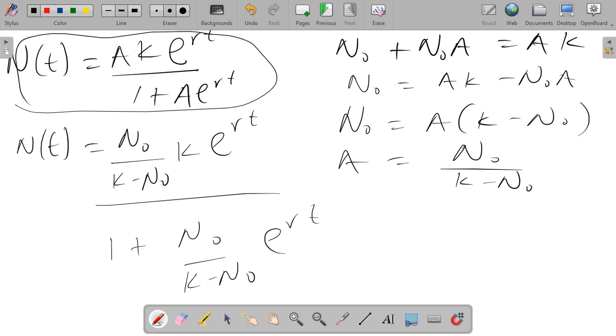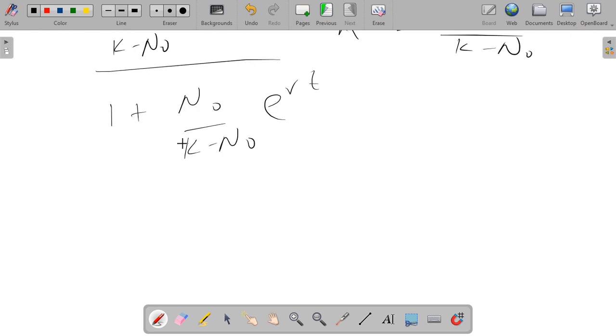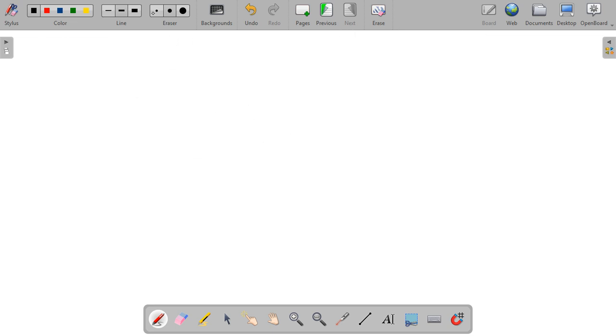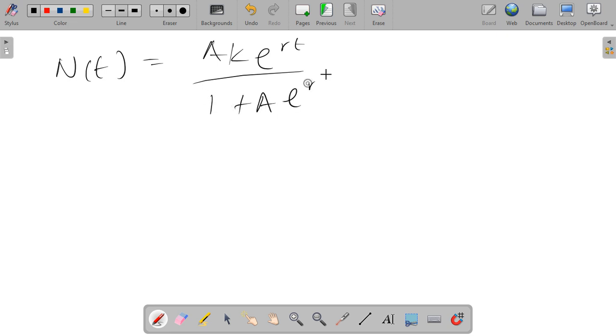Sorry, just follow me gradually. So I have that my N of T is equal to AK exponential RT over 1 plus A exponential RT. Was that what I got?